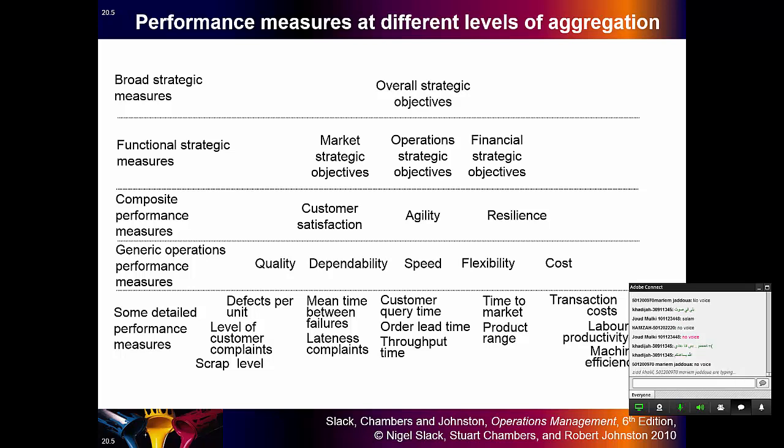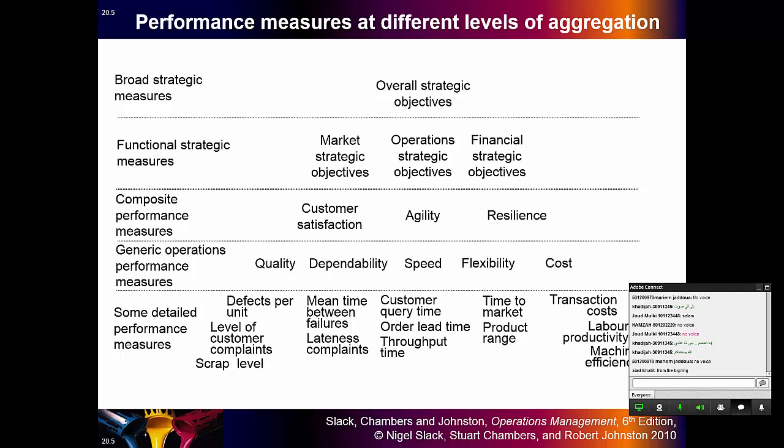If you remember, we discussed those 5 generic operations performance measures. Okay, and here inshallah we will have some details about those 5 operations performance measures. And those 5 operations measures, as if you remember, are the quality, the dependability, speed, flexibility, and the cost.